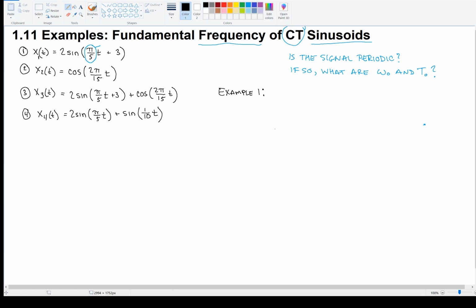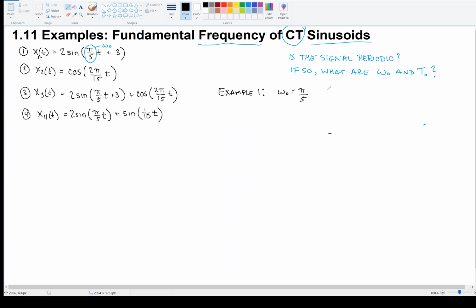That number is the fundamental frequency. So if you have a sine wave with a constant multiplying the continuous time variable, that multiplication constant is the fundamental frequency.